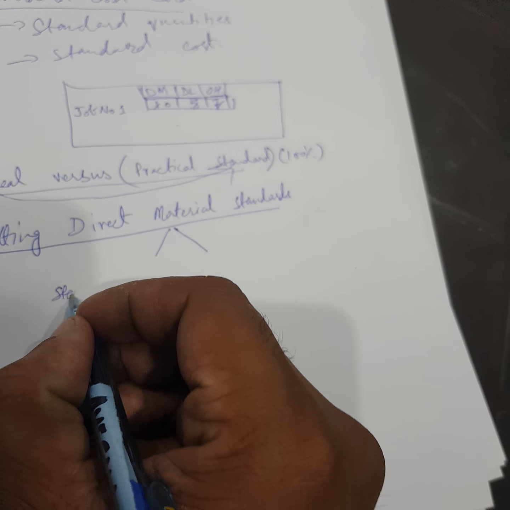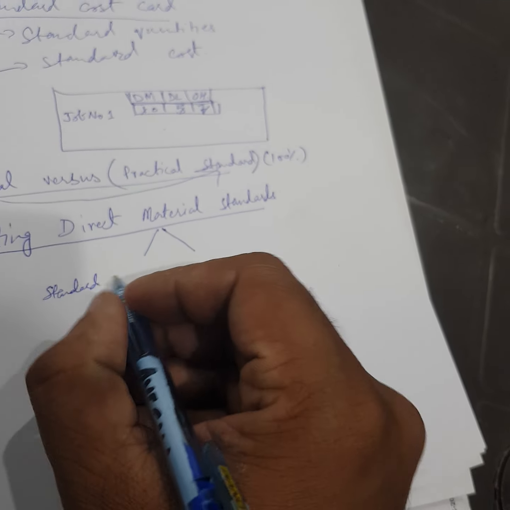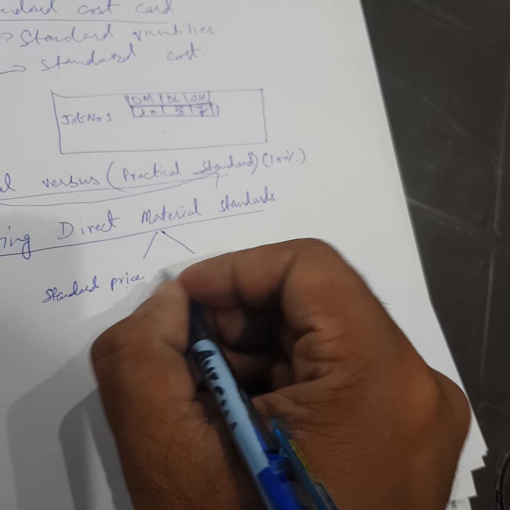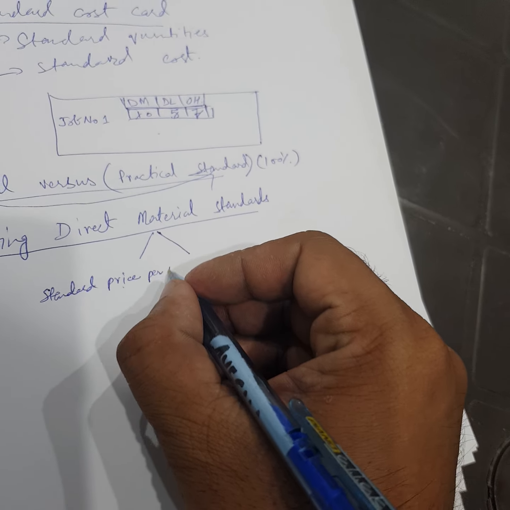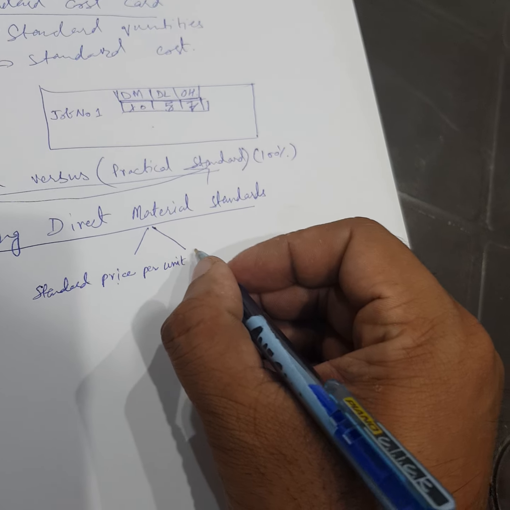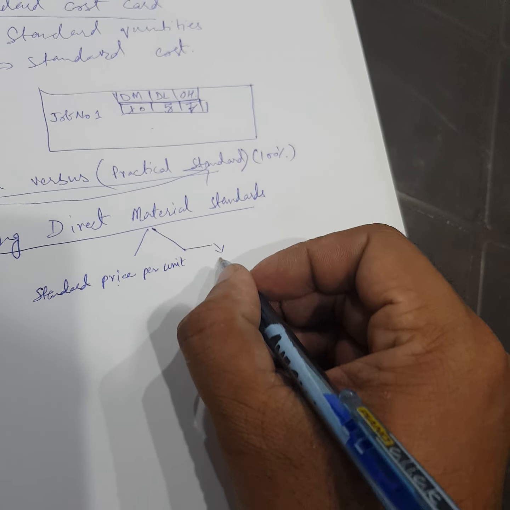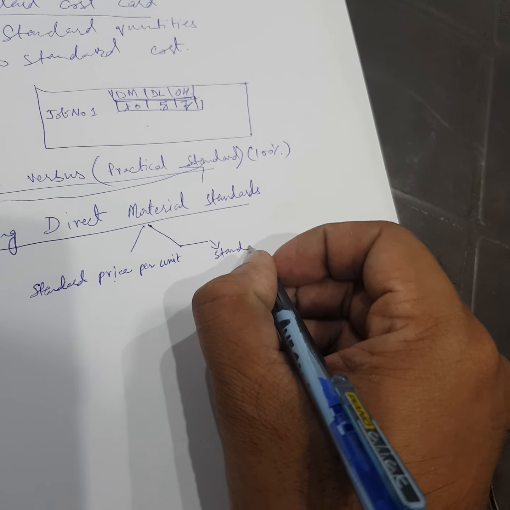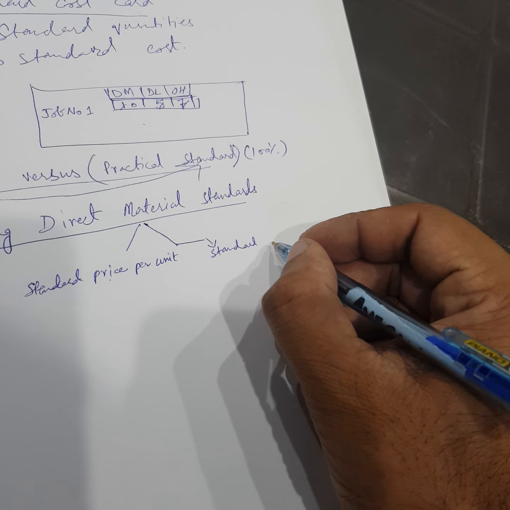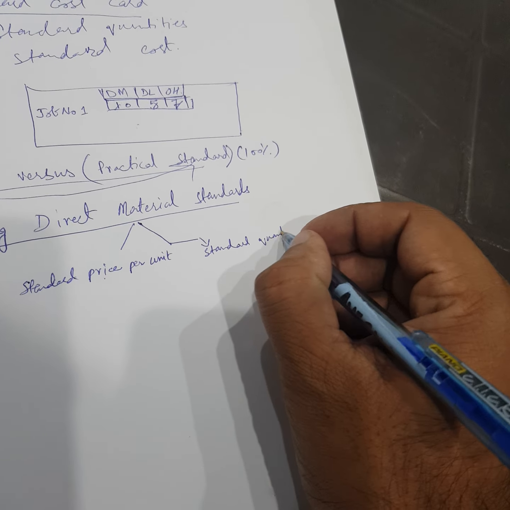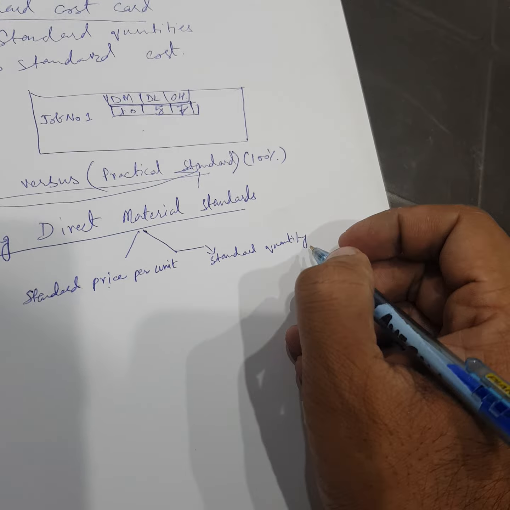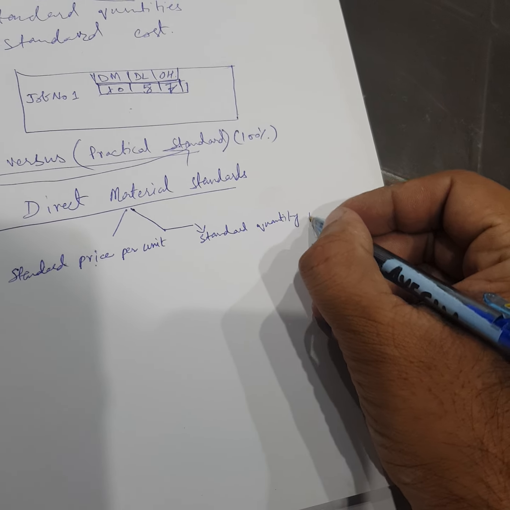One is standard price per pound, or we can say price per unit, and the second part is standard quantity per unit.